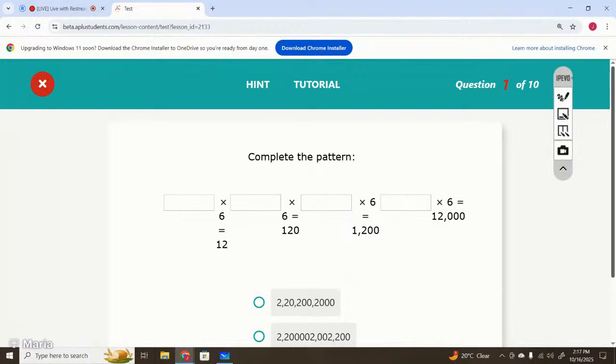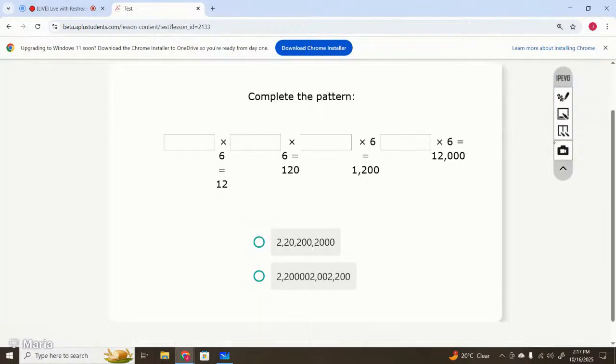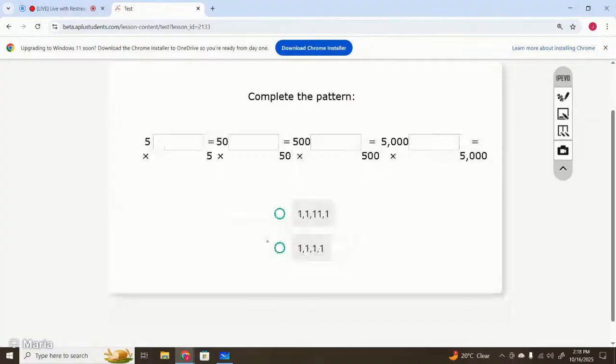Okay, complete the pattern. That's the one we just did, right? So the answer is 20 and 1200.